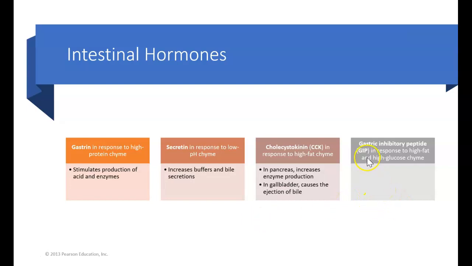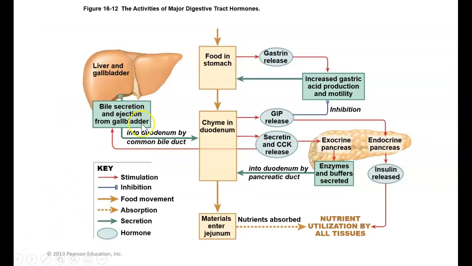If it's high fat, we're going to see GIP or CCK. If it's high protein or high sugar, we're going to be looking again at the GIP. If it's got a lot of protein in it, if we just ate a steak, for instance, then we're going to be releasing gastrin. And again, this is a great diagram looking at how the food in the stomach is going to cause gastrin to be released. This increases gastric acid production and motility, increasing the activity in the stomach.